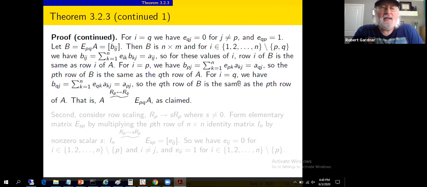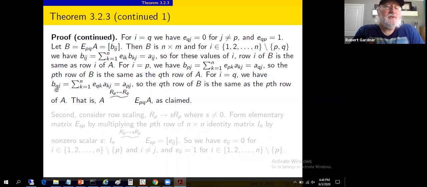Similarly, when we take I equal to Q and we look at the product, you're getting all zeros from this except E sub PQ. E sub PQ equals 1. That's on this slide. We'll pick up a 1 there. So when K equals P, we get A sub PJ out, all the other zeros give us nothing.